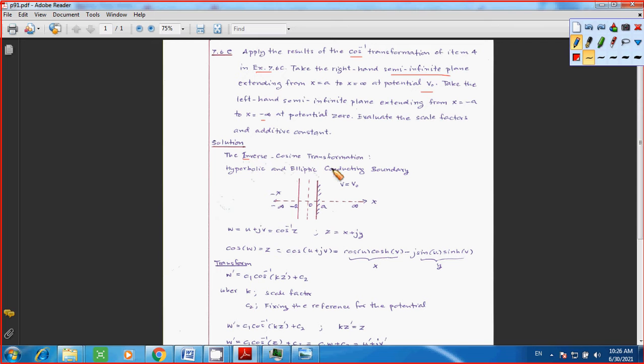The inverse cosine transformation is for hyperbolic and elliptic conducting boundaries, and for x extending from a to infinity, you have the potential V0, and from negative a to negative infinity, your potential is 0.